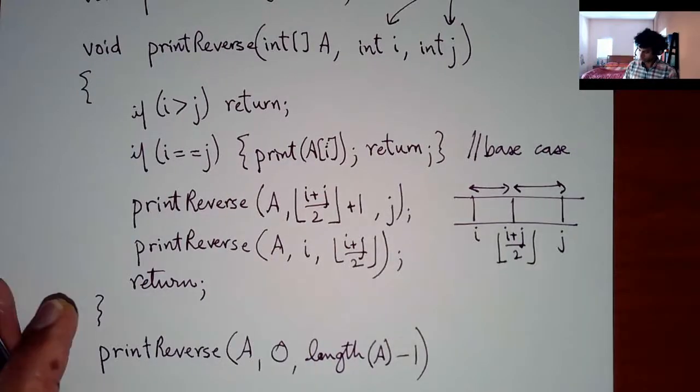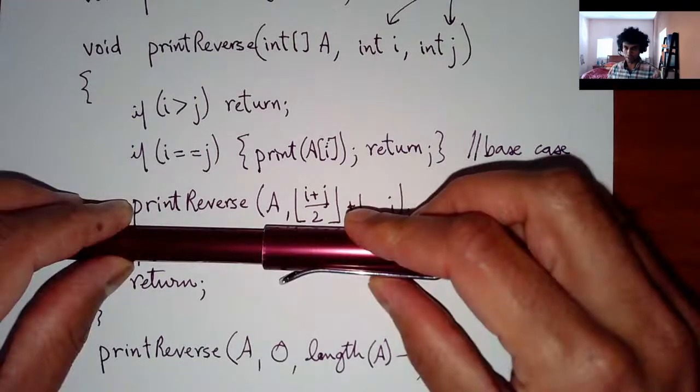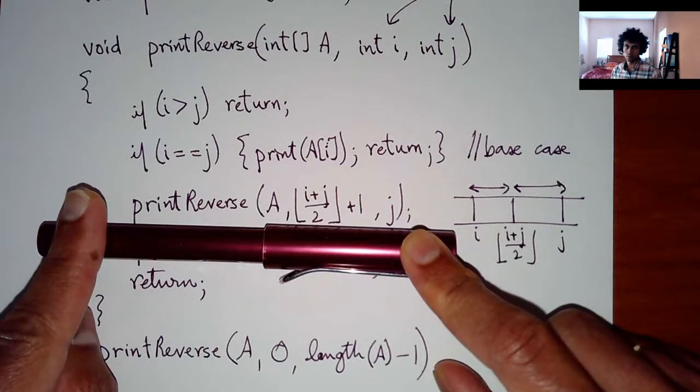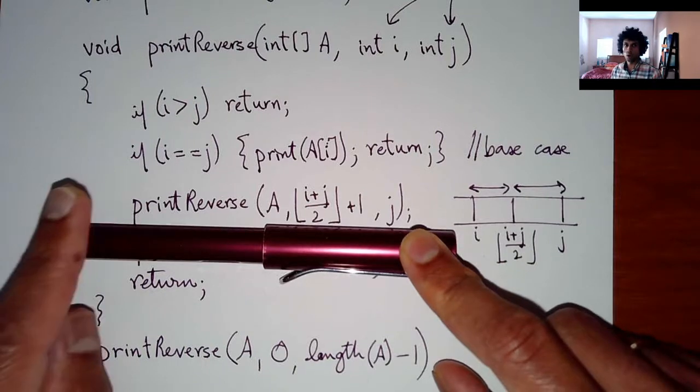Good question. So suppose you didn't make that recursive call. Suppose you didn't make that recursive call. Then what would get printed?